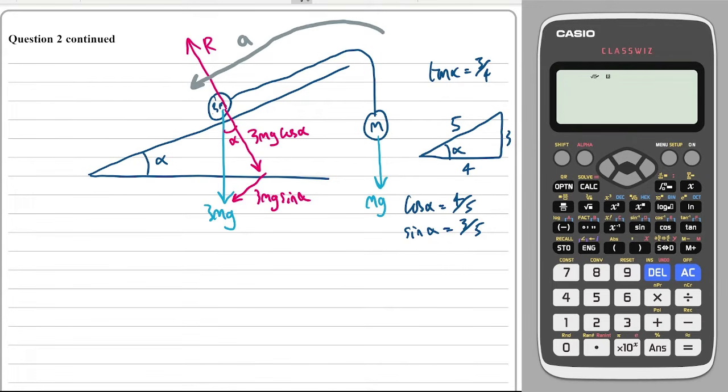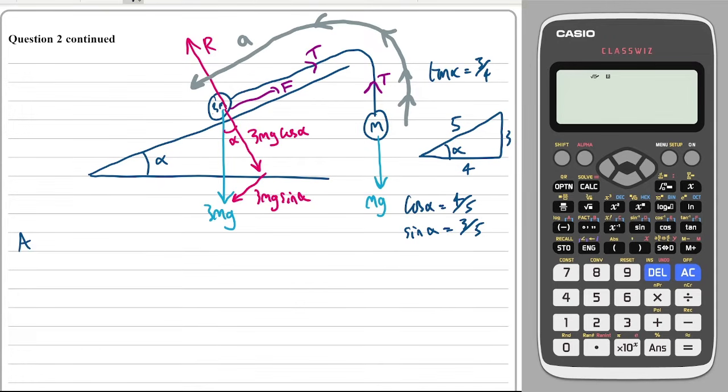And in fact, the whole system is going to be accelerating like this, and that's important to put on. So the friction is always going against the motion. So friction is going to come this way against the acceleration. And finally, we're going to have tension in both parts of the string, and they always face each other just like that. Great, that's all the forces. That's a beautiful force diagram.